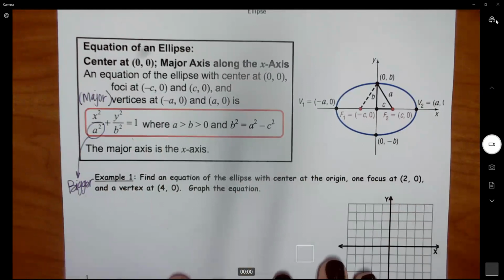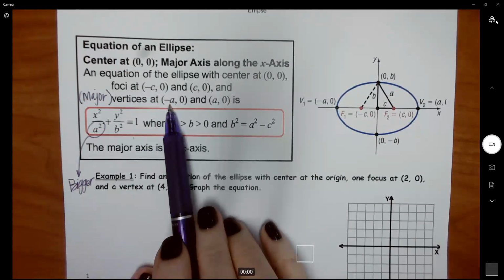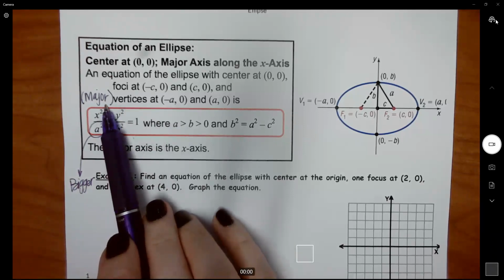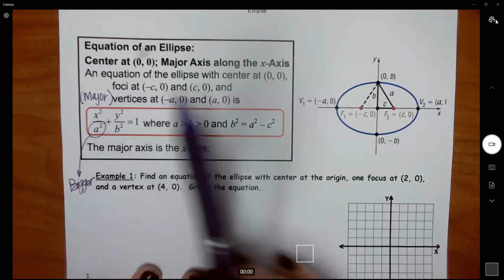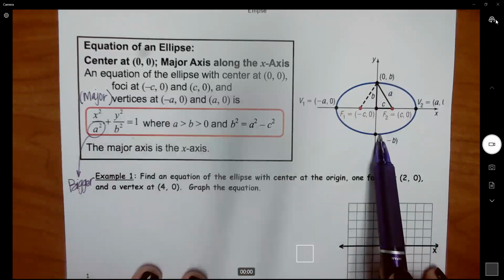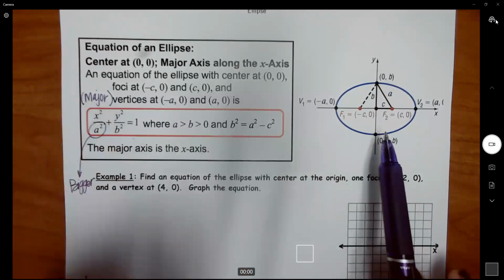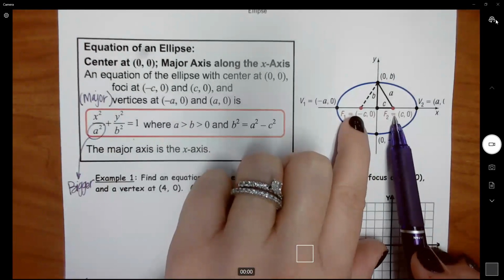Now what's going to happen, you will always be given a. You will always know where your major vertex is. Sometimes they're going to give you the foci and you have to find b. Or you will be given the major vertex and the minor vertex and you have to find c.